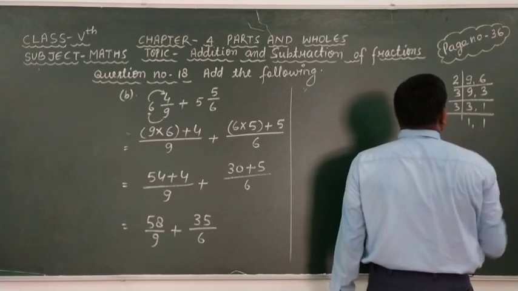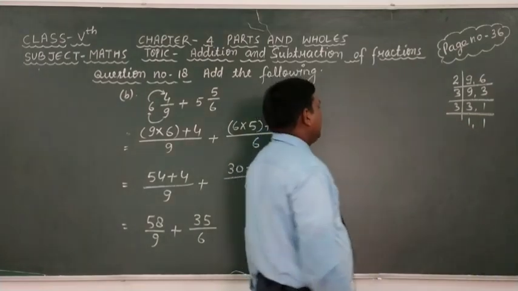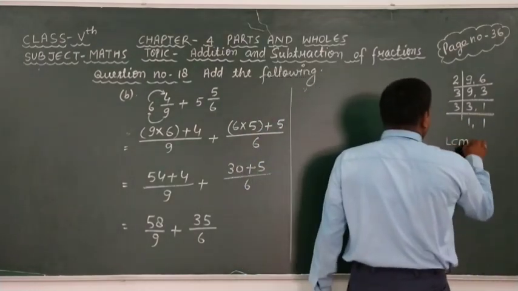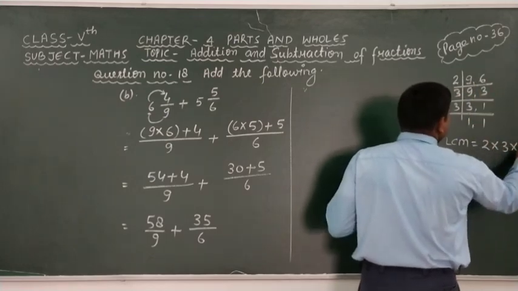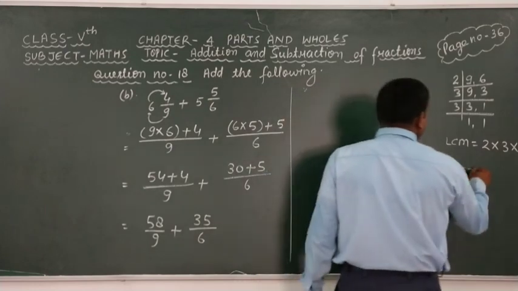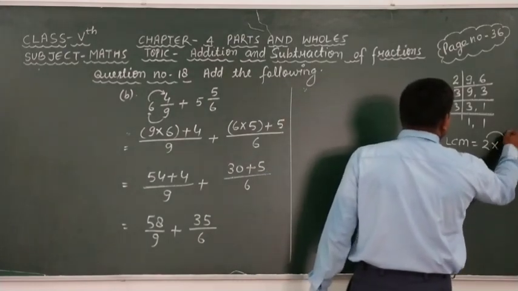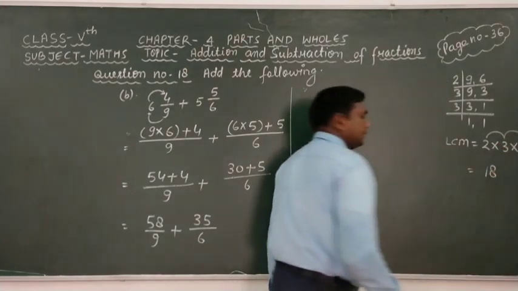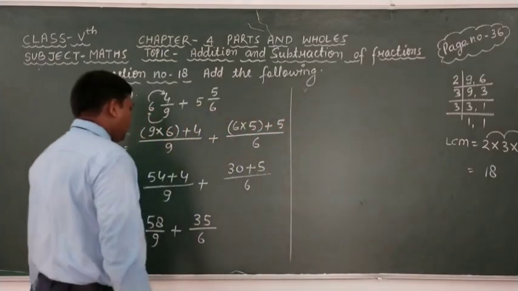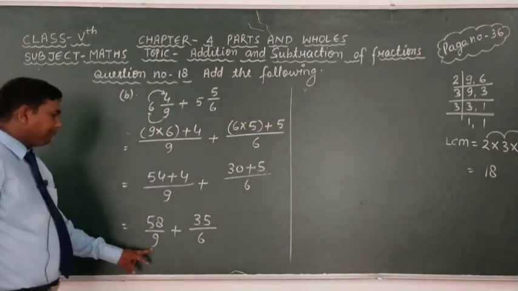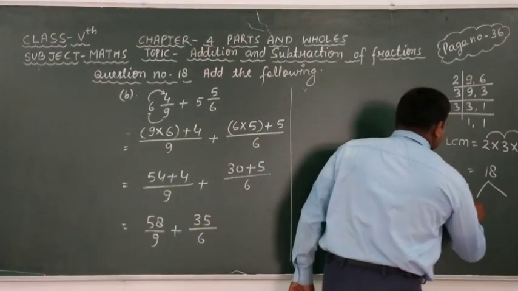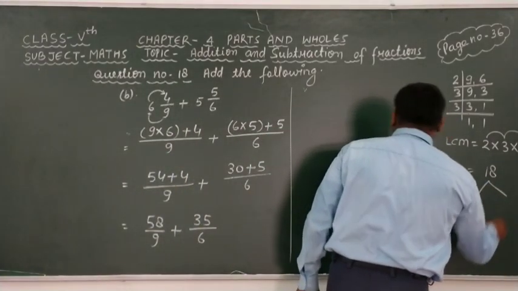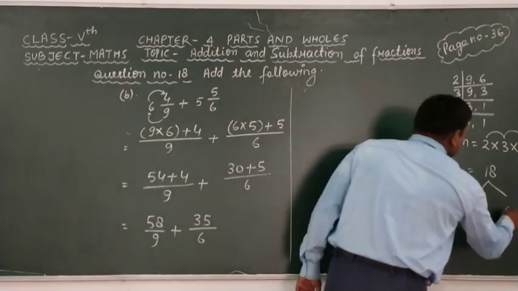Again 3 ones are 3. Then the LCM of 9 and 6 is 2 into 3 into 3, that is 2 threes are 6, 6 threes are 18. We know that 9 twos are 18 and 6 threes are 18.